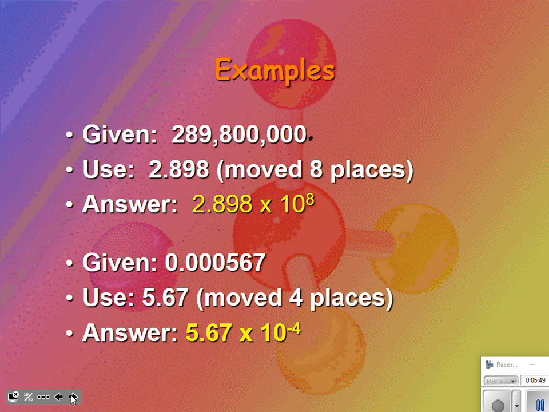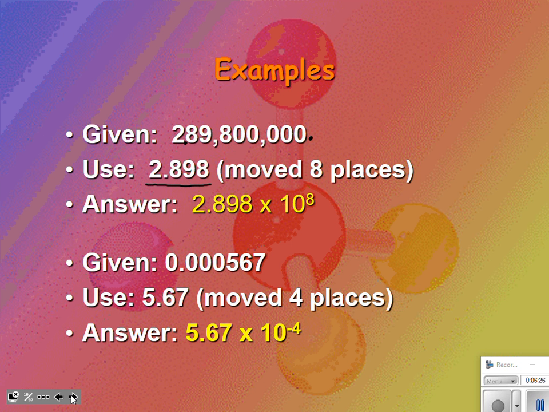Now, our rule told us that we need to make it so there is one non-zero left of the decimal. So I'm going to put my decimal right here. So now I have changed it to 2.898. Why did I not include all those other zeros? You're going to see why later on when we talk about significant digits. That's why, because those are not significant.